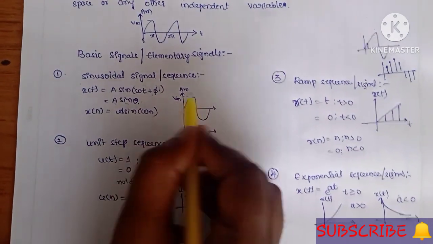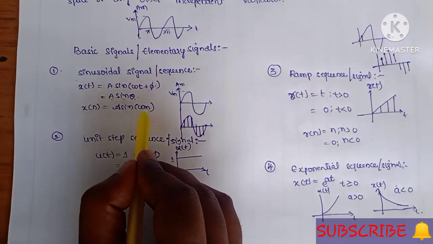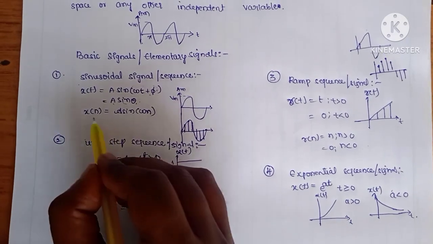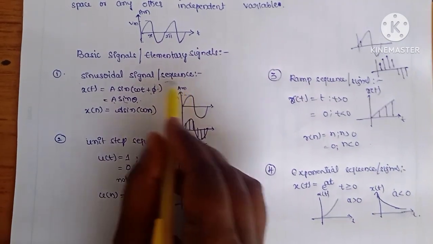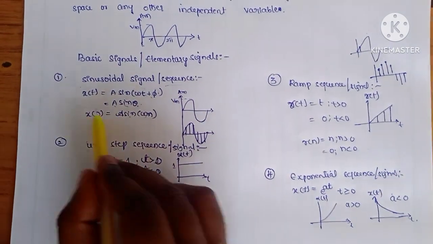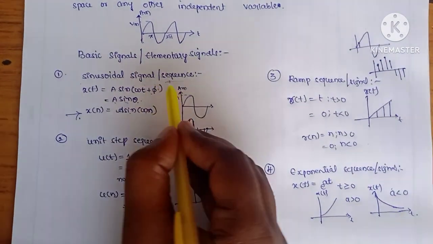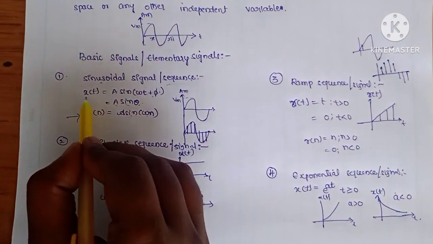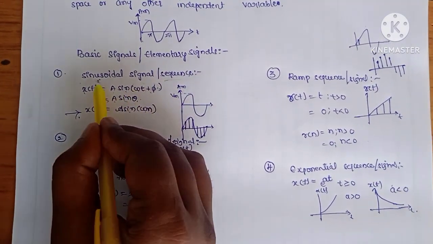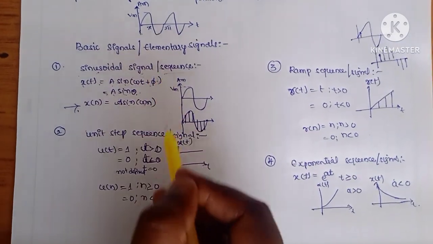This is a sinusoidal signal. If we consider n samples, then we say it is a sequence: x of n equals A sin(omega n). It is discrete, a sinusoidal sequence, and x of t equals A sin(omega t plus phi) is the sinusoidal signal.